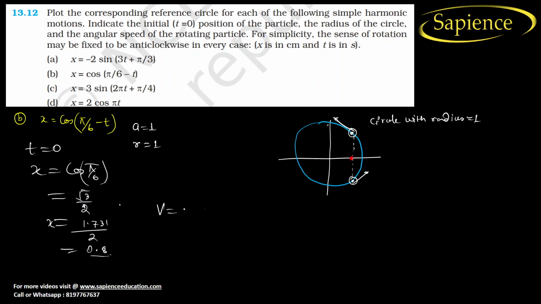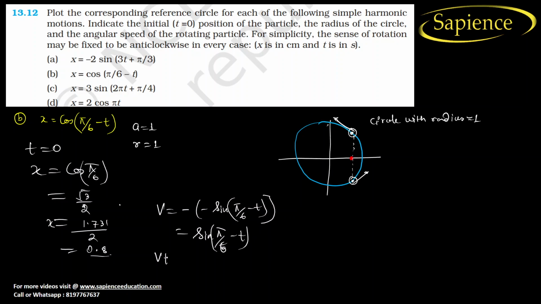If you differentiate it, this will be minus of minus sine pi by 6 minus t. So this will be sine pi by 6 minus t.